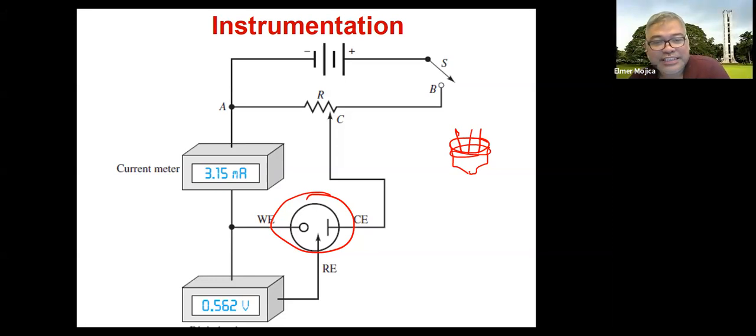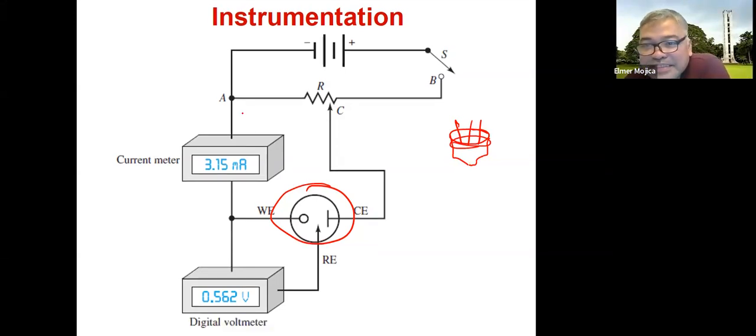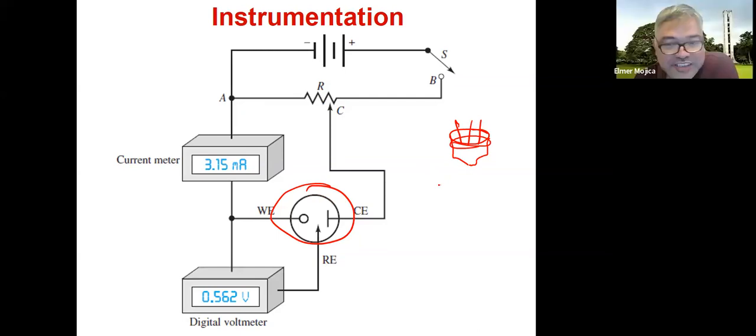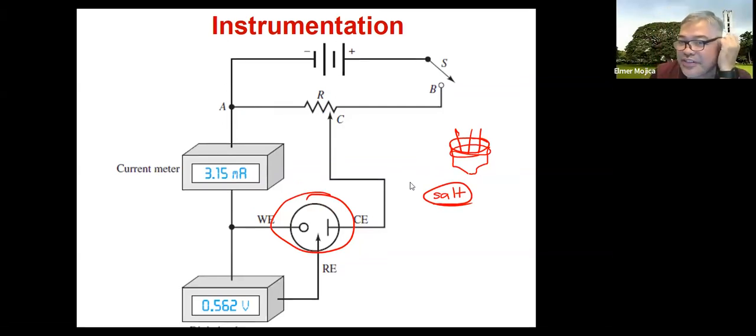Anong tawag mo sa KCl? Sa NaCl? Strong electrolyte po. A strong electrolyte. So usually, you want it to be a salt. A supporting electrolyte is a salt added in excess to the analyte solution.